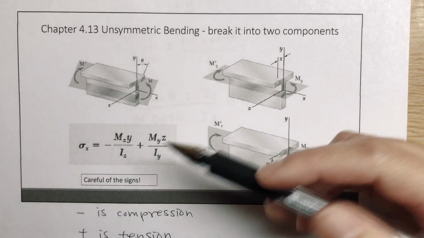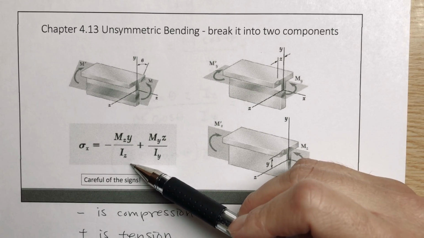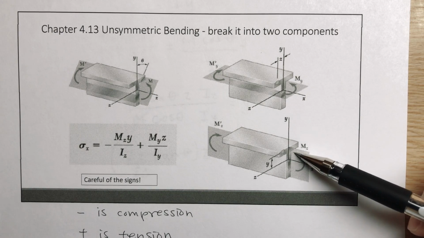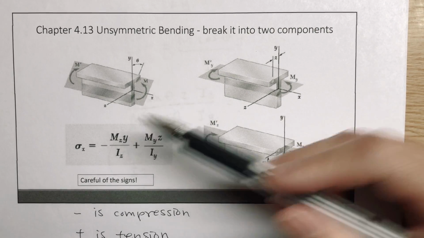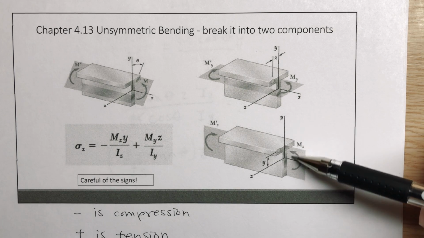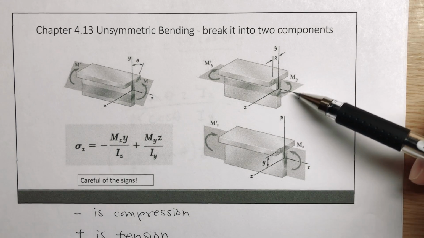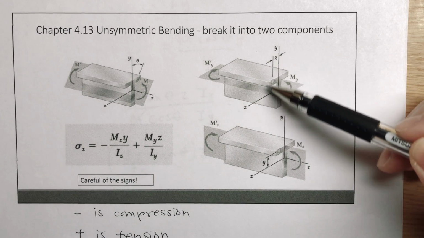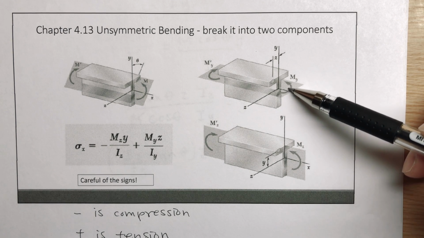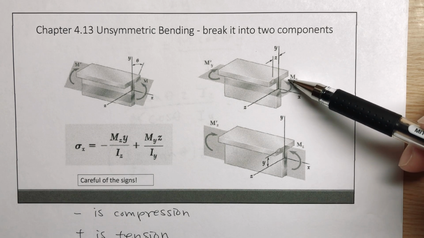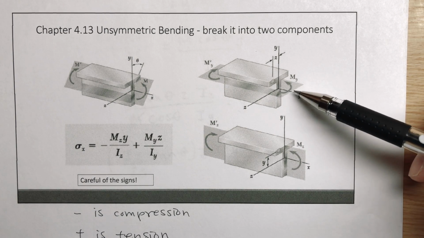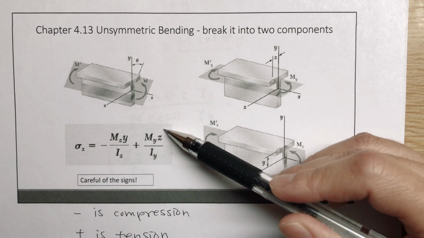So here, the equations for stress, for Mz, it's moving about the z-axis along the y-plane. That's why it's this y here. My, it's moving about the y-axis, but it's moving along the z-plane. See that shaded plane right there? So that's why it's a z number right here.